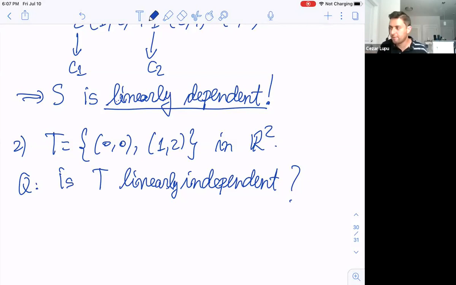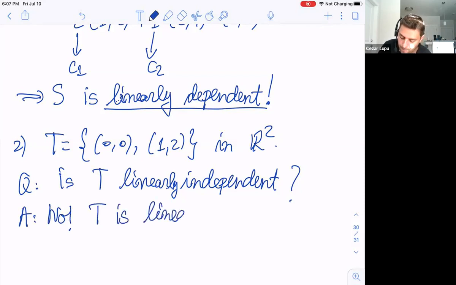Well, in this case, like Liliana says, the answer is no. It's linearly dependent. T is linearly dependent.